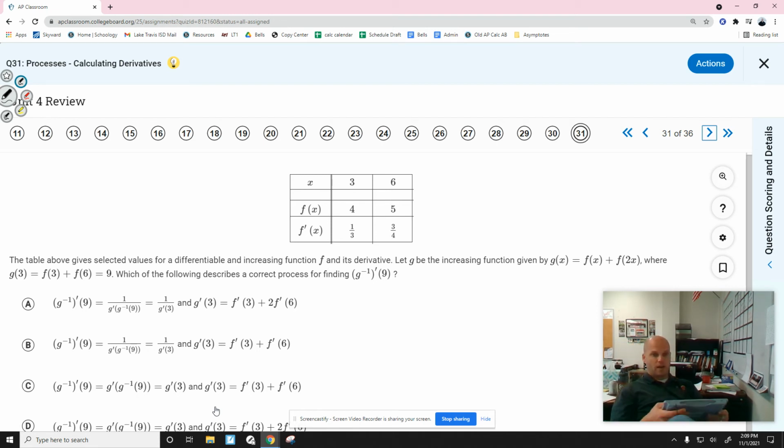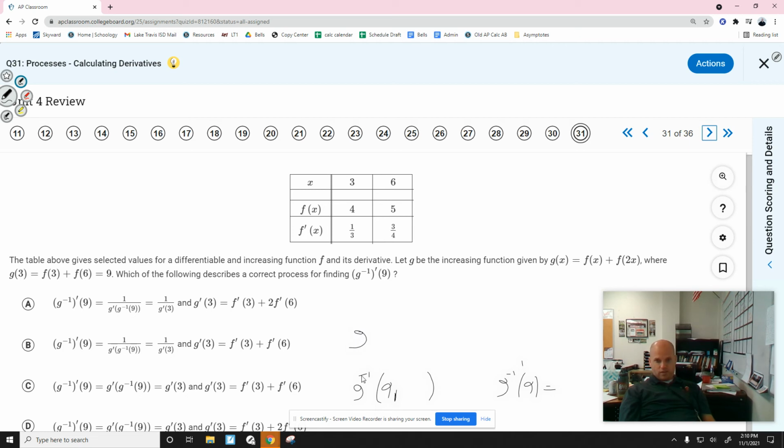Which of the following describes a correct process for finding g inverse prime of 9? I'm just going to start with my table.